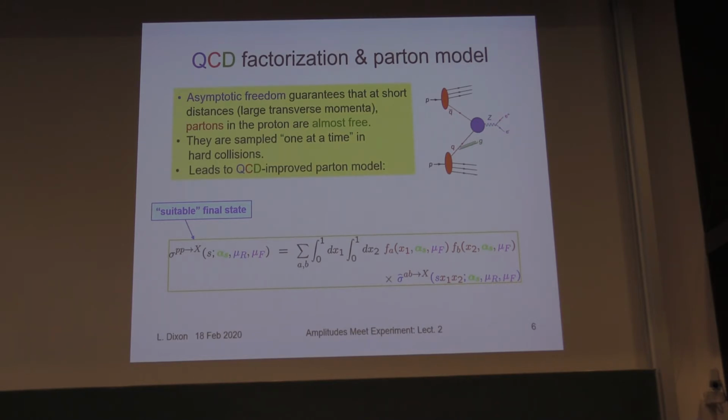And these PDFs will also depend on mu_F, a scale which you call the factorization scale. And then you need to compute a probability of these hard partons interacting, and that's called the short distance cross-section.